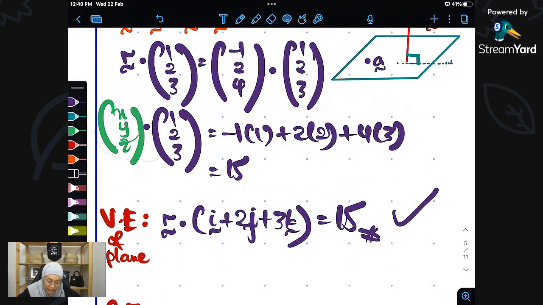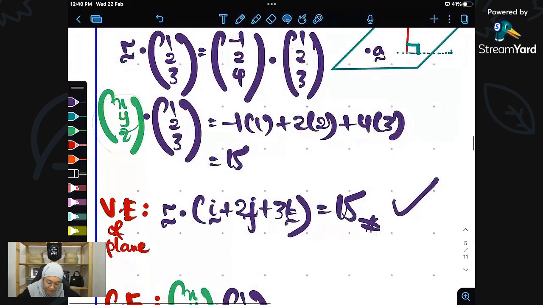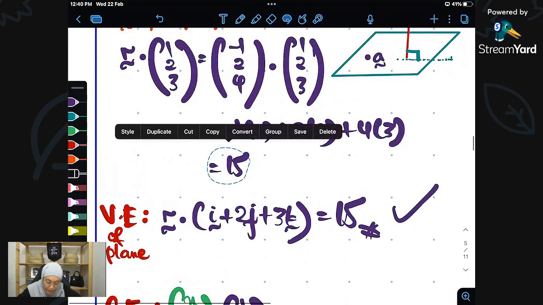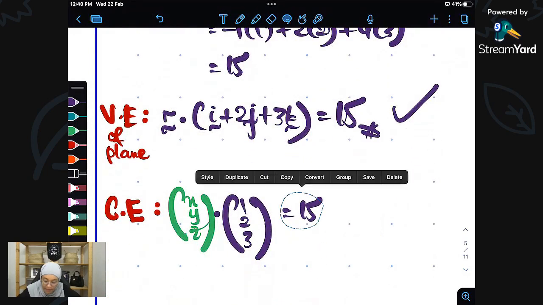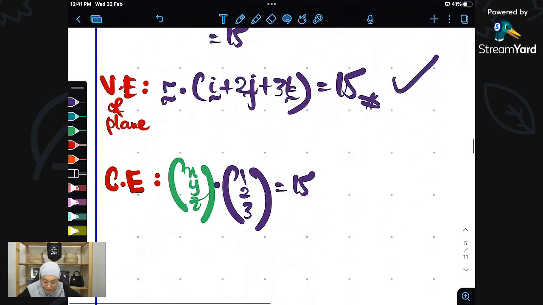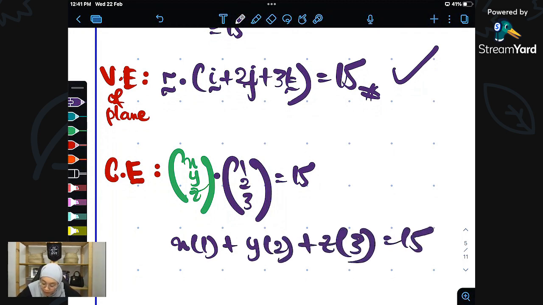Tapi saya tak sepatutnya tulis sini. Saya bawa dia ke bawah. Okay, yang ni saya delete lah. Okay, and so I write it down here as my new Cartesian equation where my final answer will be x times 1 plus y times 2 plus z times 3 equals 15.